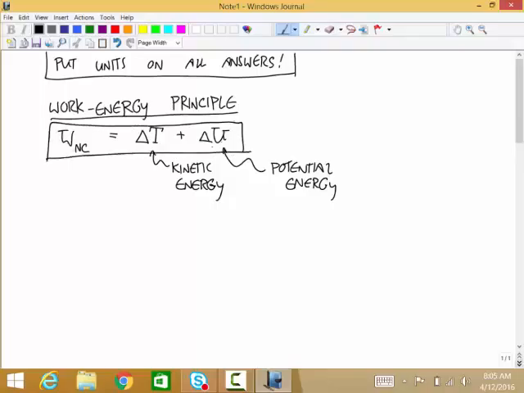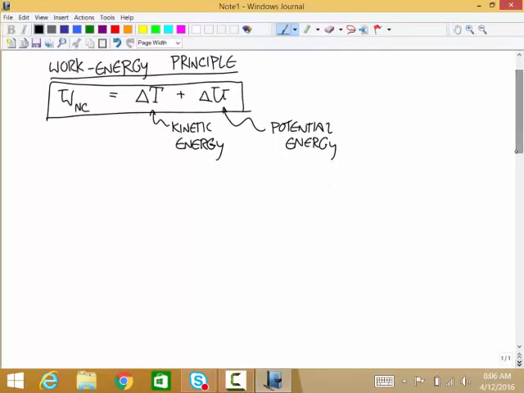And it makes sense if you remember that the change in potential energy is equal to the negative work. So then this change in potential energy is actually the negative work done by the conservative forces. And then if you move that over to the other side, you end up with the total work by all the conservative and non-conservative forces equal to the change in kinetic energy. Okay, so let's do some examples.